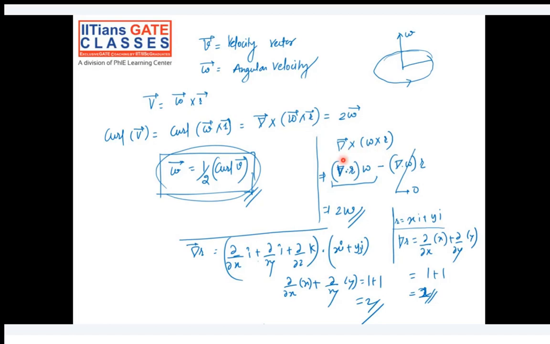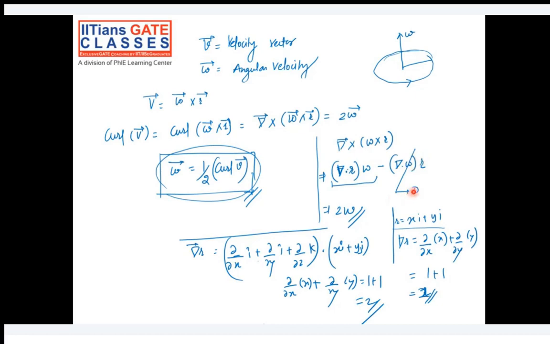In this case, the del of omega is 0, because omega is angular velocity, a constant, and when we take the derivative we get 0.